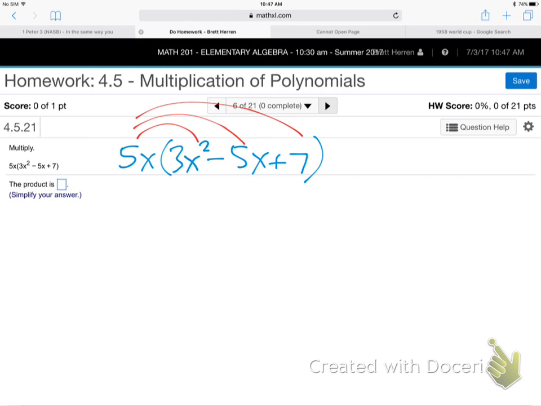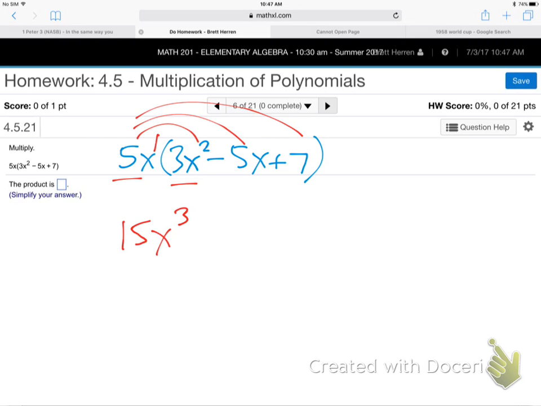Boom, boom, boom. So 5x times 3x squared. Yeah, because the 1 power adds. So 3 times 5 is 15, x cubed. Good so far. Good for that first one. Front times front, right? Out front numbers multiply, powers add.